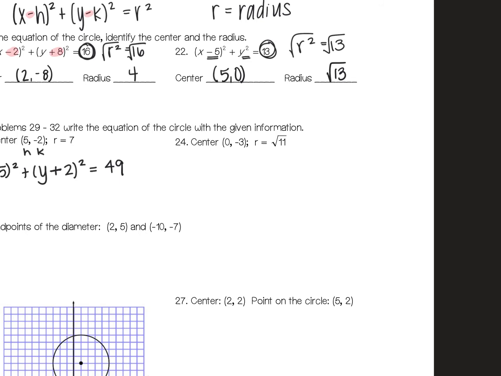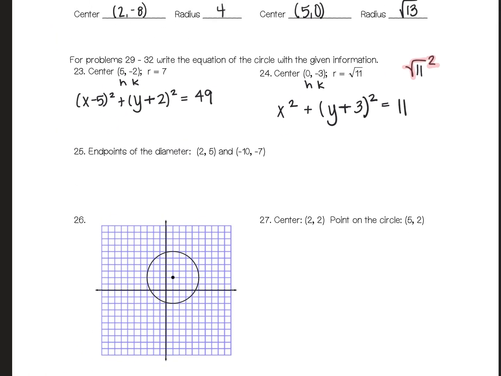For the next one, it would be x minus 0 squared, and we don't typically write things like that, so I'm just going to make it x squared plus y minus -3, so really that's going to become addition, and then square root of 11 squared. Since the square root and the squared are inverses, they actually just cancel out, leaving me with just 11. If you don't know that, you can just type in your calculator and it will show 11.